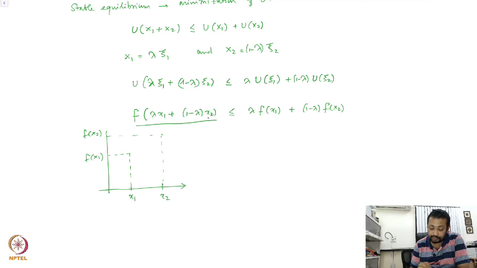And this essentially means that any intermediate point between x1 and x2, which is represented by lambda x1 plus 1 minus lambda x2, the function value of this must be less than the chord. So essentially you have a function which is something like this, right? Such functions are called convex functions, right?